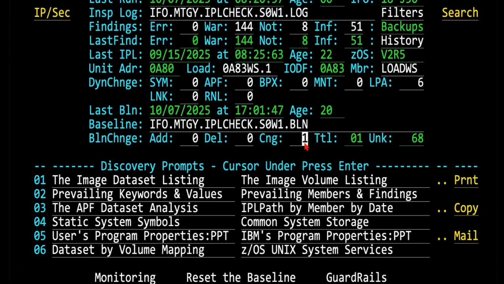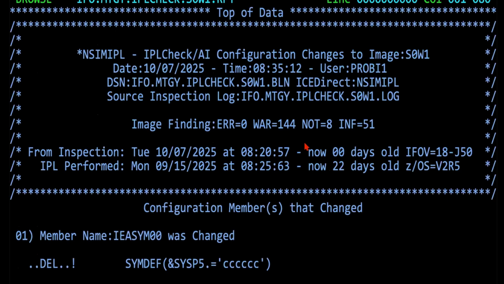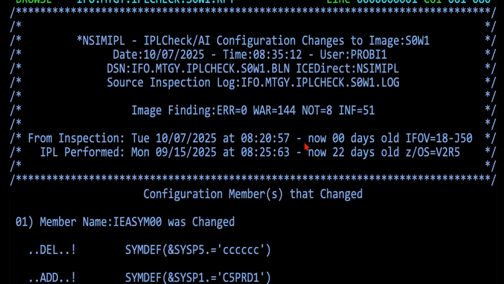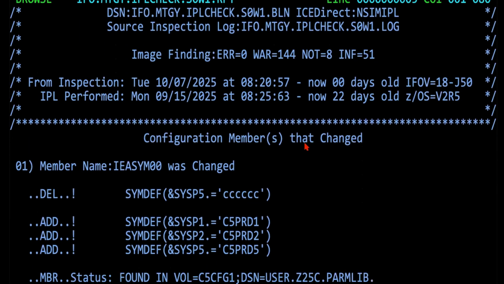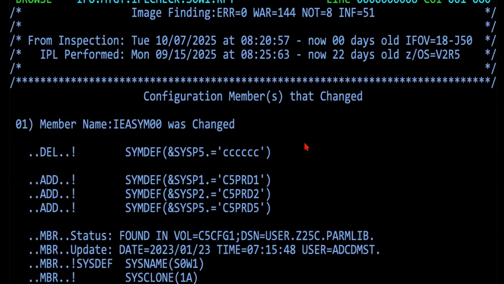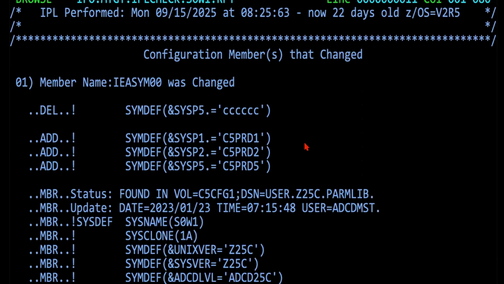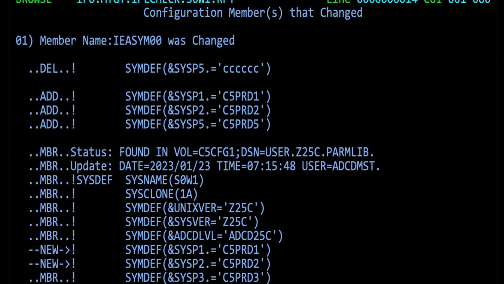What do changes look like? Here's one change. And you can see it's telling us, okay, we had one delete. We're talking about IEASYM. We had one delete of a symbol definition. We had 3 adds of symbol definitions.